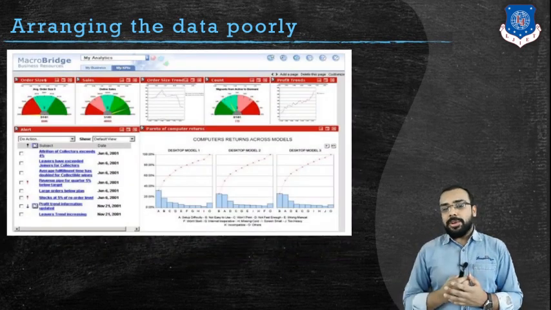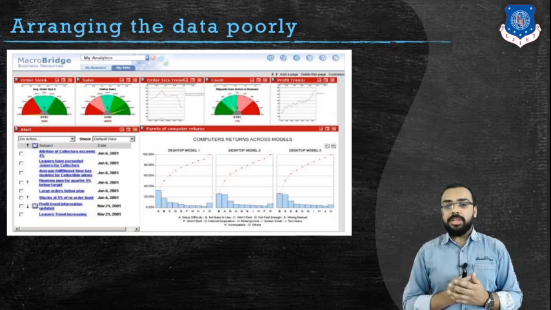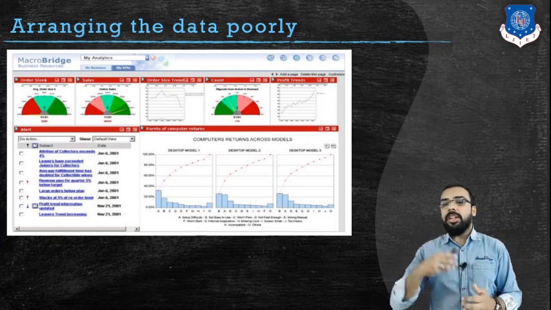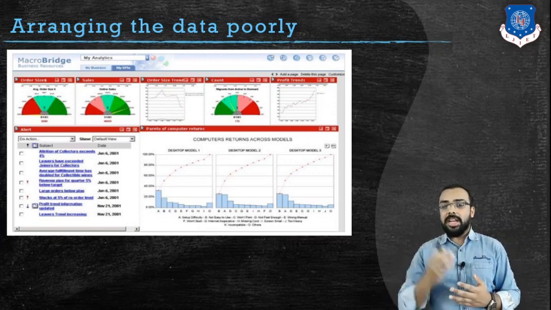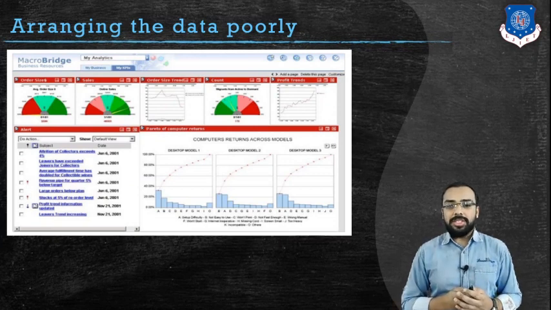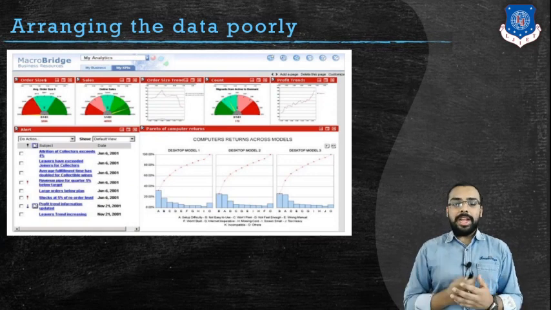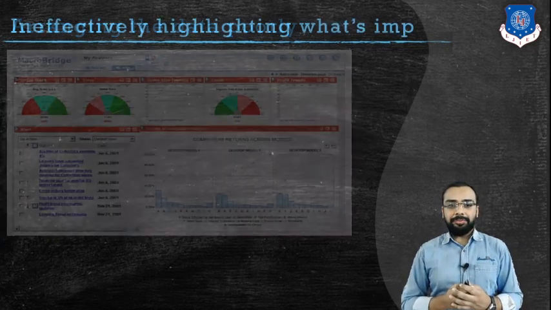In this figure, going from the left hand side towards the right, first you can see meters, then a line chart, then again a meter, then again a line chart and so on. This is not a proper way of arranging the data. We should make it accurate and represent it to the user.